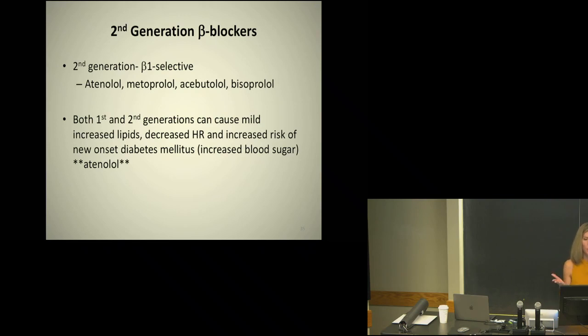So they were an improvement, but with both the first and second generation beta blockers, you can see some increase in lipids, a decrease in heart rate, which we'll talk about in a little bit, and an increase in new onset diabetes mellitus. I put atenolol here because it's a second generation beta blocker, and it tends to be one where you see a lot of studies coming out that are used for comparison. The other one that's used pretty often is metoprolol.